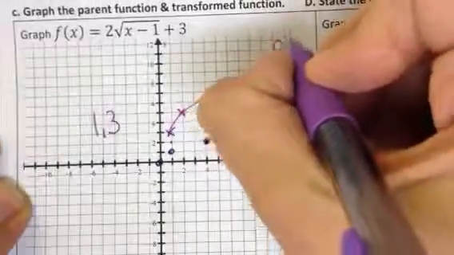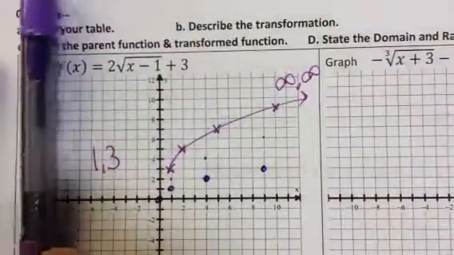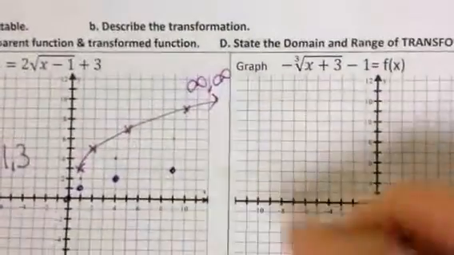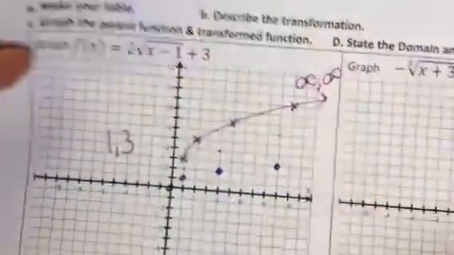And then it's still going to infinity, infinity. So now when I do the domain, the lowest x is 1, right there, and the highest x is infinity. And the range, the lowest range is now starting at 3, the y, and going up to infinity.